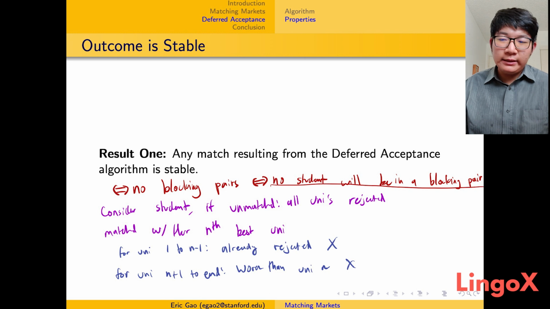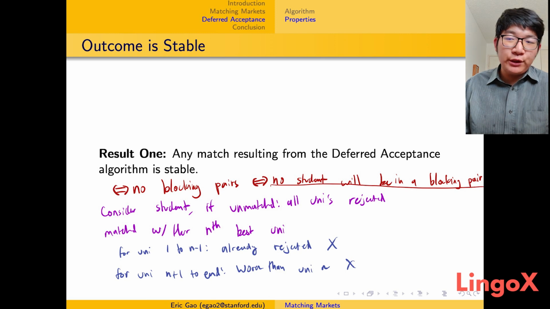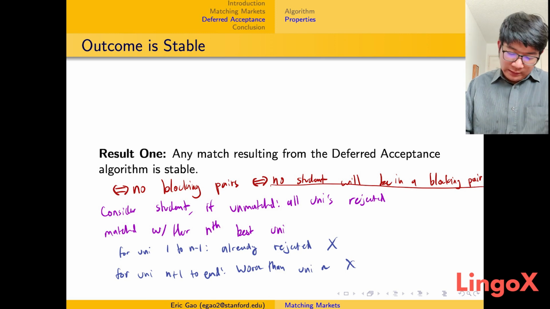If a student is unmatched, then they've applied to every single one of the universities, and they've gotten rejected from every single university, which means that no university would like the student more than who they're currently assigned with. Because for a university to reject a student, it must be the case that they gave up that student in favor of someone who is better. So every university is already better off than matching with this student, so no university would be willing to accept them, and hence this student cannot be part of a blocking pair.